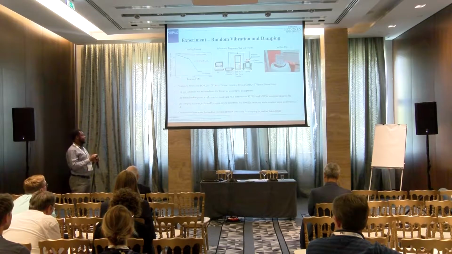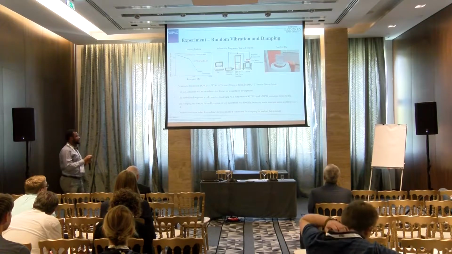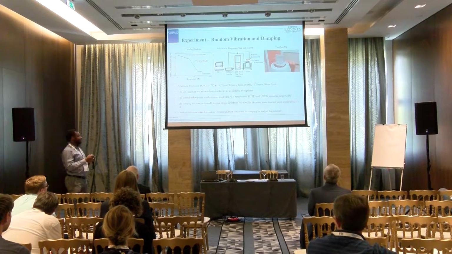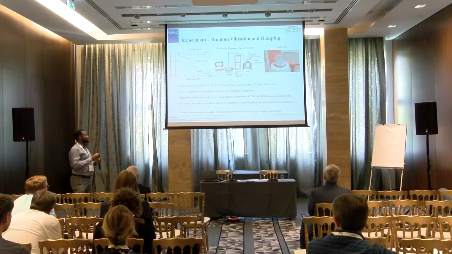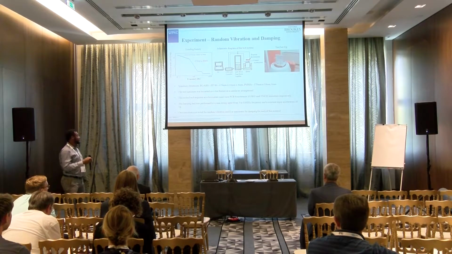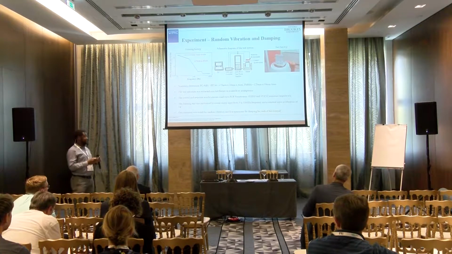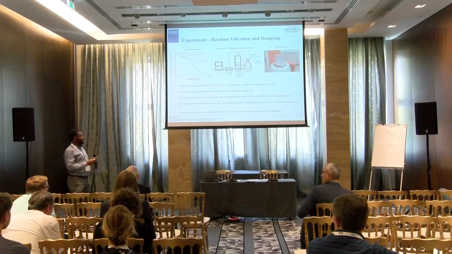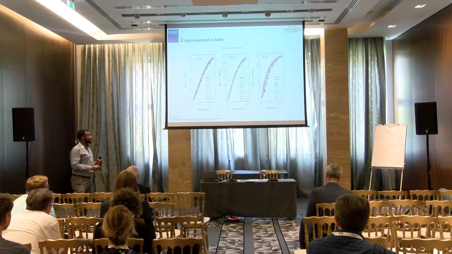The control and response accelerometers were used, 3 for response, 353B03. The damping test was performed by sine sweep input from 5 Hz to 1000 Hz, and 1G acceleration was used. 1 specimen was tested for random vibration, and 5 specimens for damping for each of the materials.